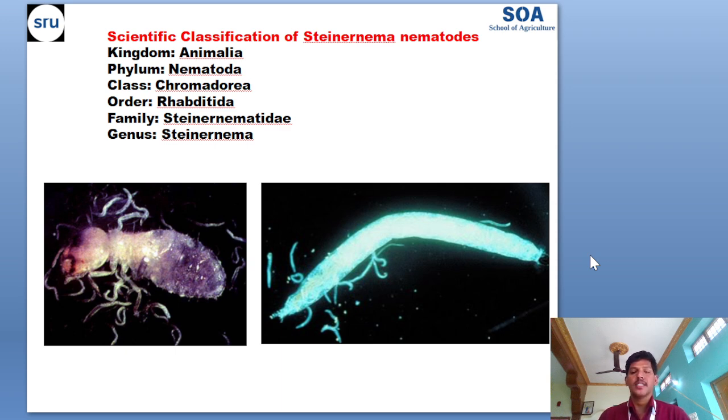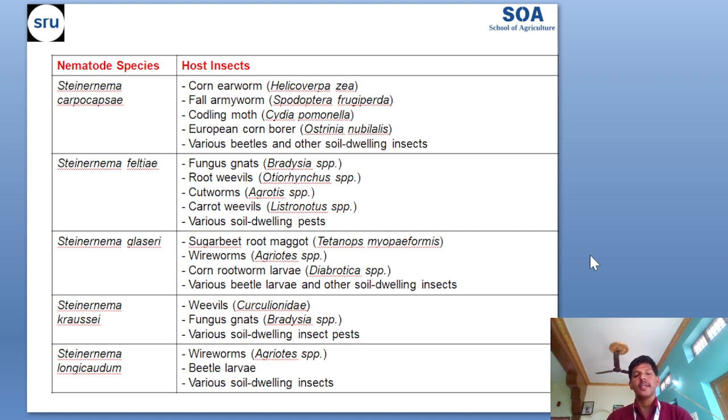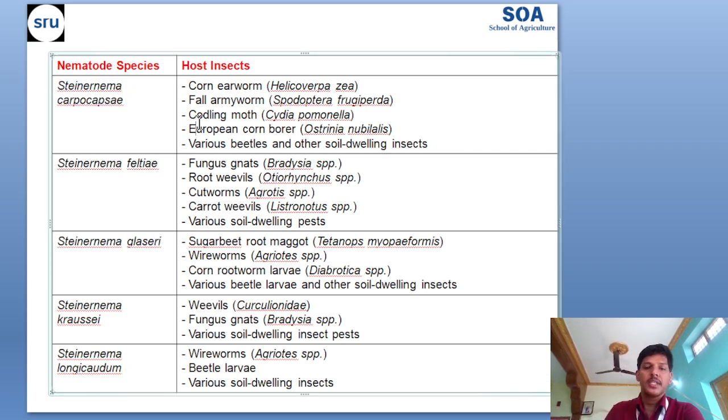See the various species under Steinernema nematode and their hosts. Steinernema carpocapsae is effective against corn earworm, that is Helicoverpa zea, fall armyworm, codling moth, European corn borer, and various beetles and other soil-dwelling insects.